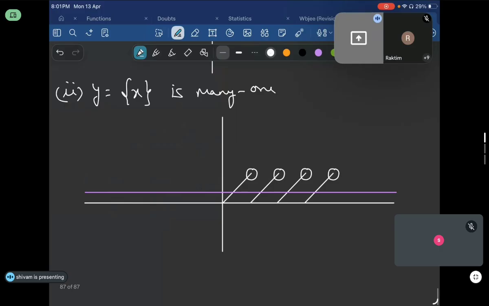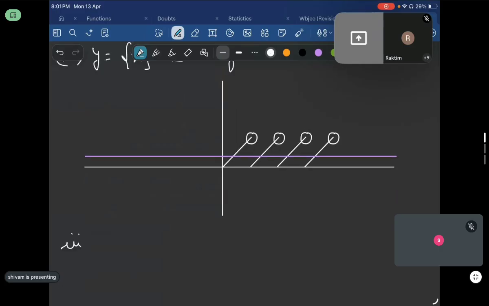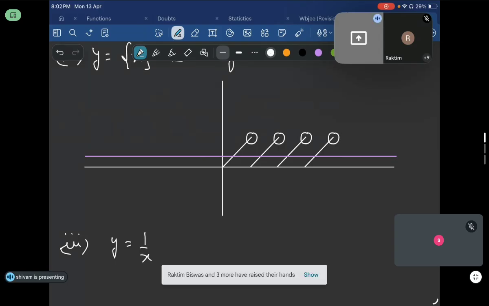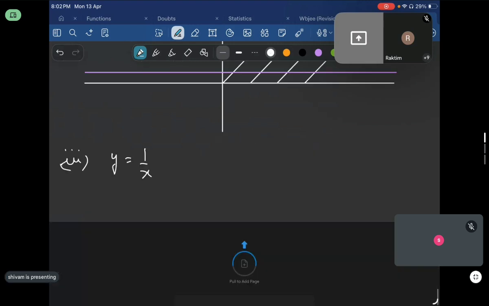For this one also raise your hand. Number 3: y equal to 1 by x. 1-1 or many one? I have drawn this graph a lot of times, everyone. Sir, 1-1.